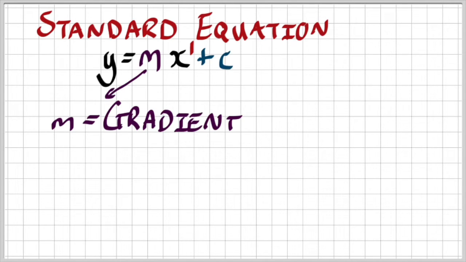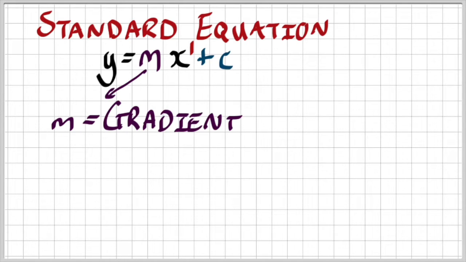Another name for gradient you might have heard is slope. Is the slope up or down? Is it steep up? Is it steep down? Is it not so steep up?